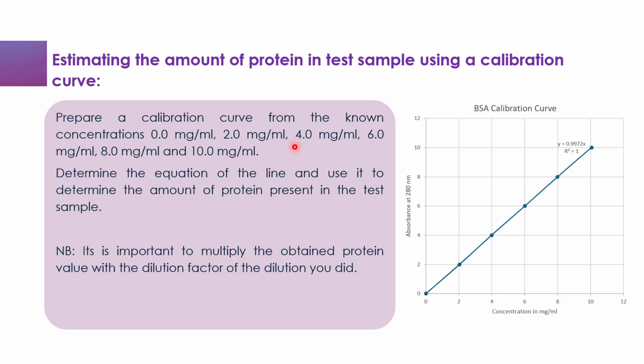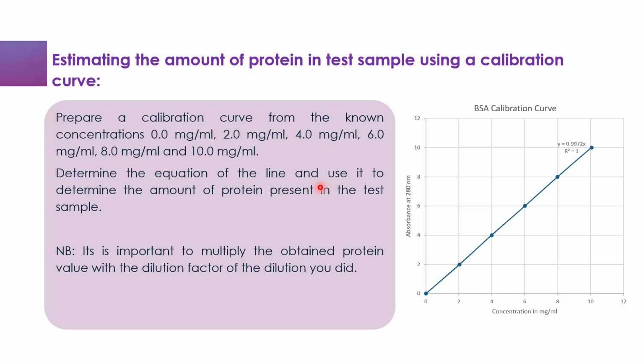When we are done with that, we plot the absorbance obtained for each concentration at 280 nanometers against the known concentration. This is our calibration curve, and we had it by plotting the absorbances obtained at 280 nanometers from these known proteins.